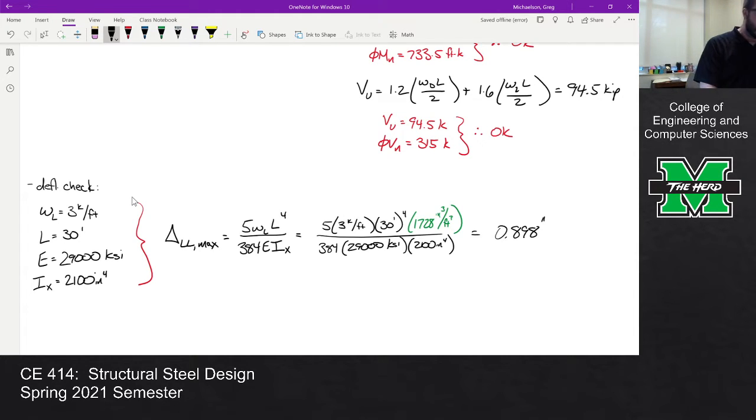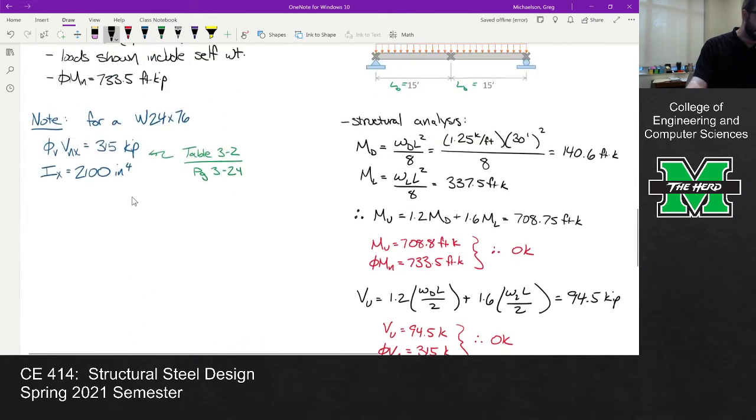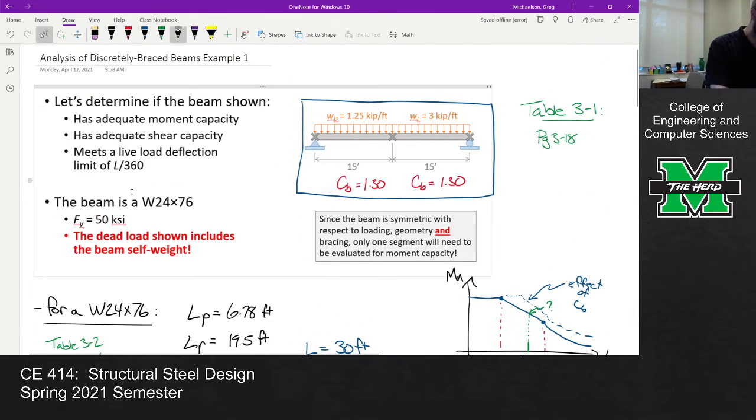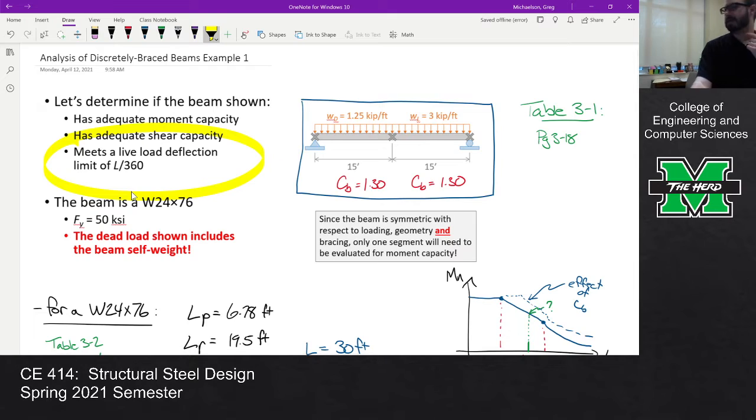And so when you compare that against the deflection limit, and the deflection limit, I believe, was right here, a deflection limit of L over 360.